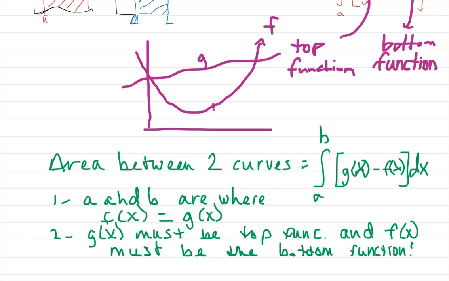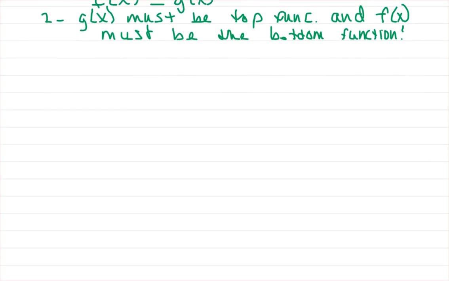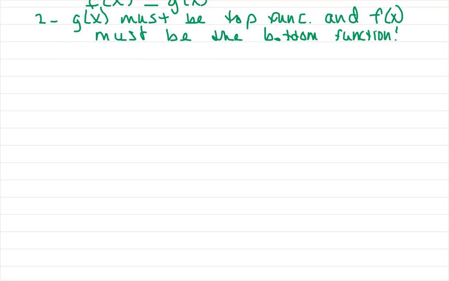So let's do a quick example. Let's go back to our black pen. All right, we are given y1 equals x plus 2 and y2 equals x squared.